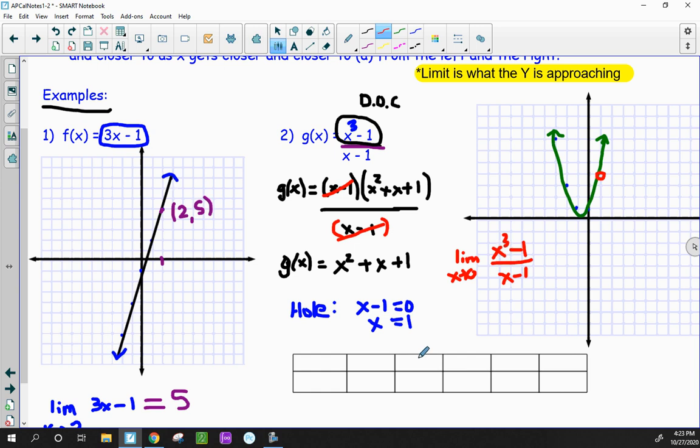Okay, so what I want you to do numerically now, if this is your question, you're going to go to your table. That's your x's, and this is your g of x's. This is your y's. Put this value, whatever they give you, kind of in the middle of your table. And then you're going to pick numbers that are bigger than 0 to the right and smaller to the left.